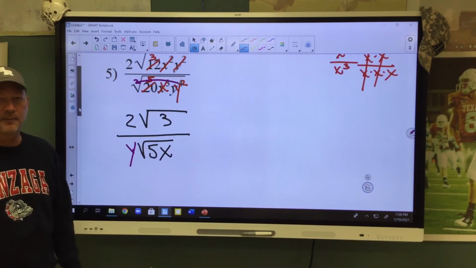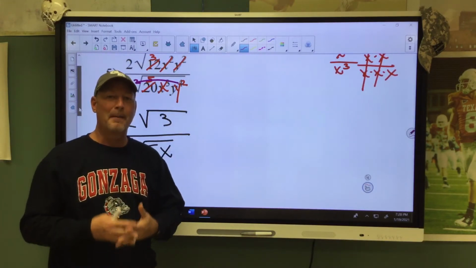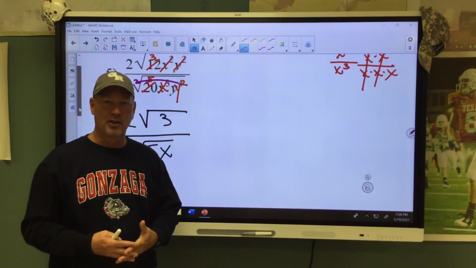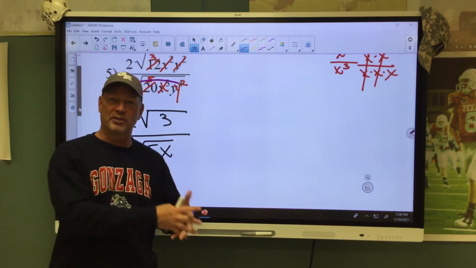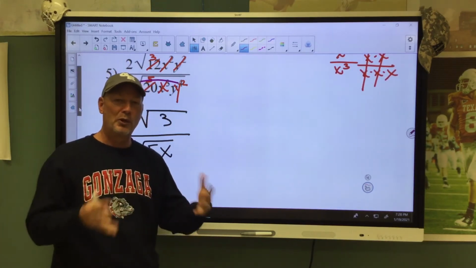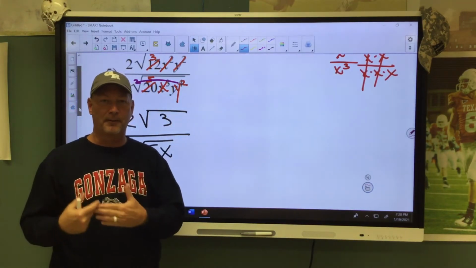What do we need? Our goal is to make the root match the exponent. When the root matches the exponent, it came out. Just like when we are simplifying radicals, we want to get the root to match the exponent so it can come out. Okay?